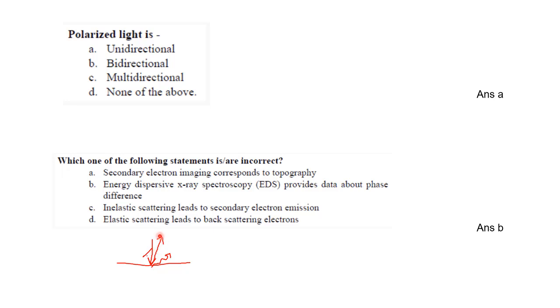That gives us the information on the bulk, and the secondary one gives us the information on the topography. And energy dispersive X-rays are characteristic X-rays that give the elemental composition, but they will not give us the data on the phase difference. So that is the correct answer.